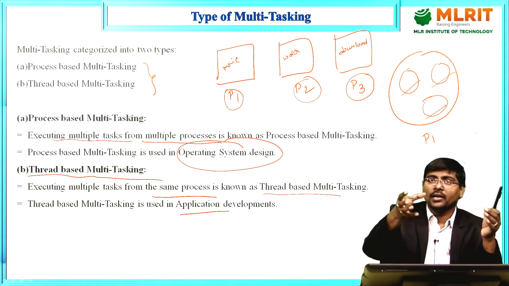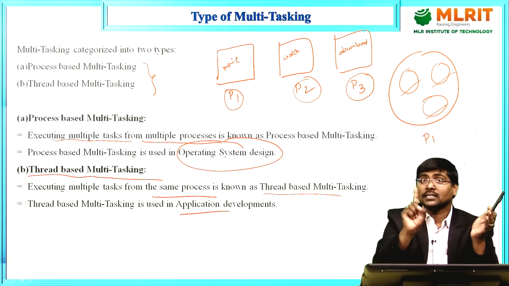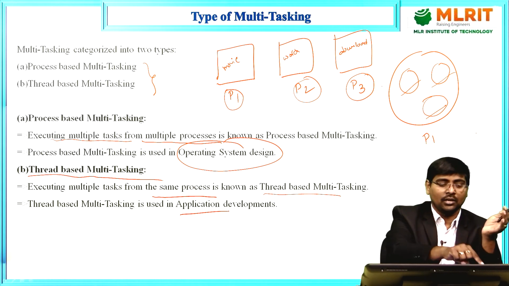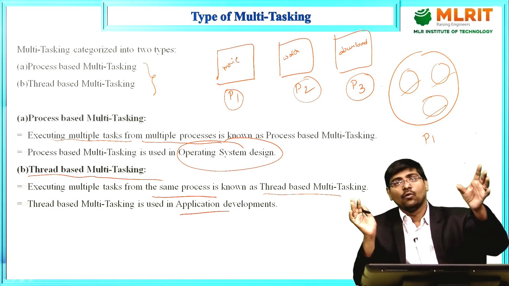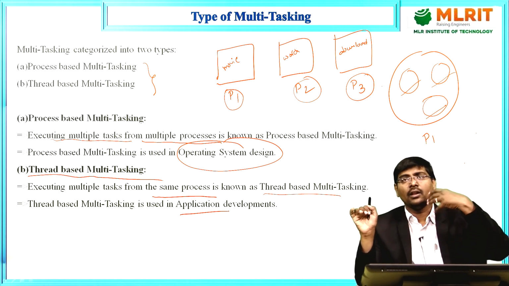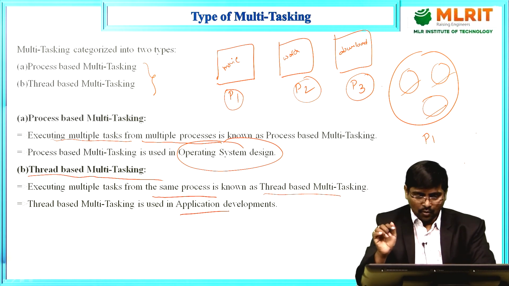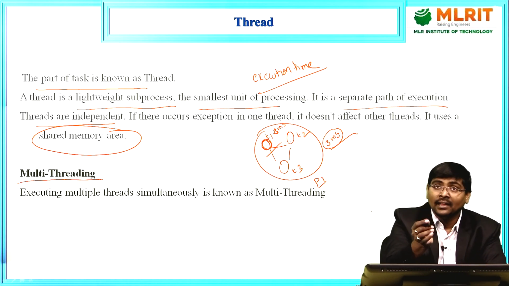Generally, in an application, we have multiple parts, so executing multiple tasks of a single application, we are moving to threads. Clear the point? In terms of OS, the OS can handle all the components, but an application can handle only that component.